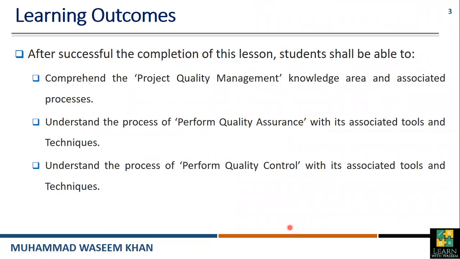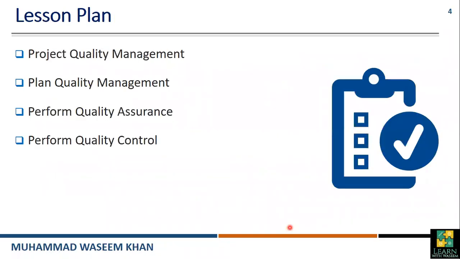After successful completion of this lesson, we will be able to comprehend the project quality management knowledge area and the associated processes. We will understand the process of quality assurance with its associated tools and techniques, and the process of perform quality control with its associated tools and techniques.